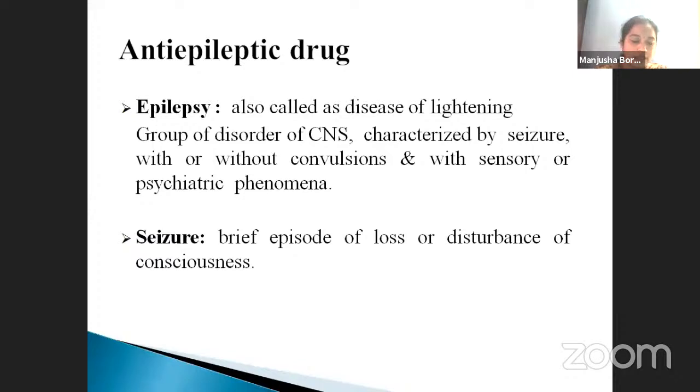Antiepileptic drugs. This is the next important topic in CNS, and a short note on status epilepticus is mostly asked. What is meant by epilepsy? Epilepsy is a group of disorders of the CNS characterized by seizures with or without convulsion and with sensory or psychiatric phenomena. A seizure is a brief episode of loss or disturbance of consciousness.